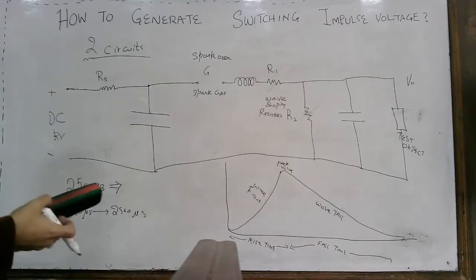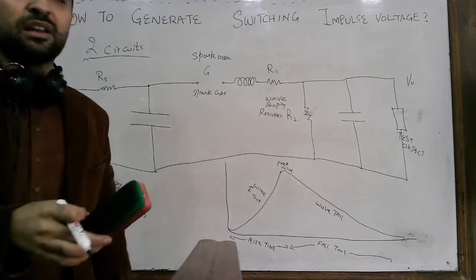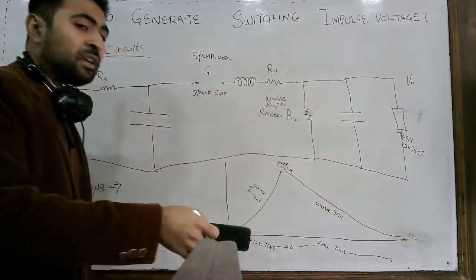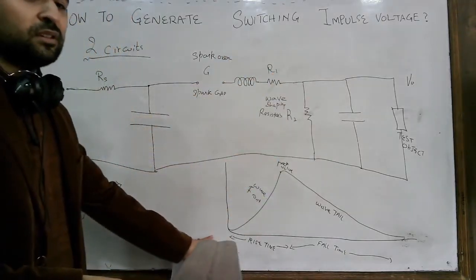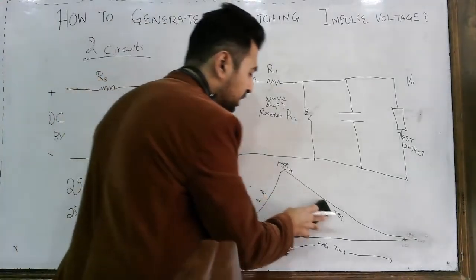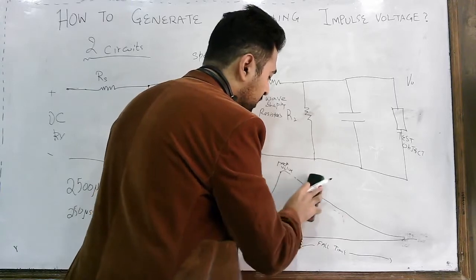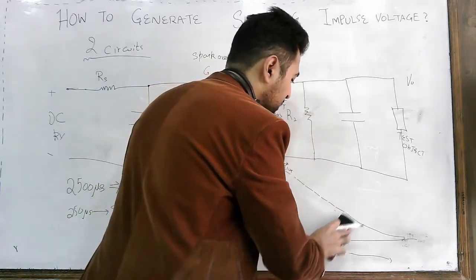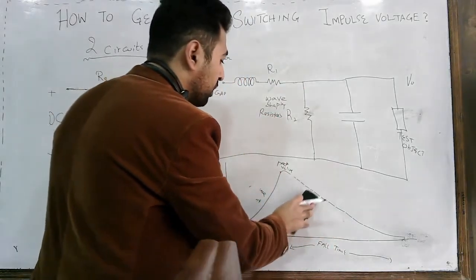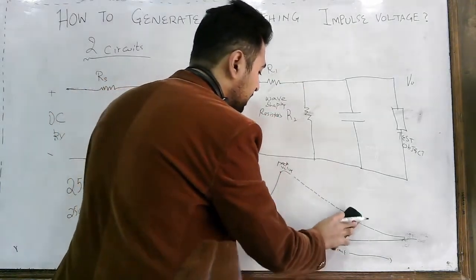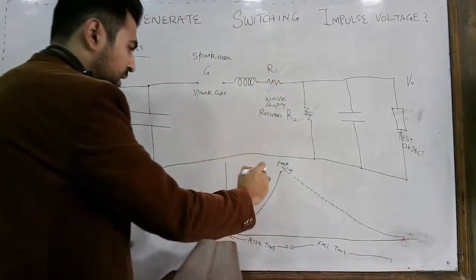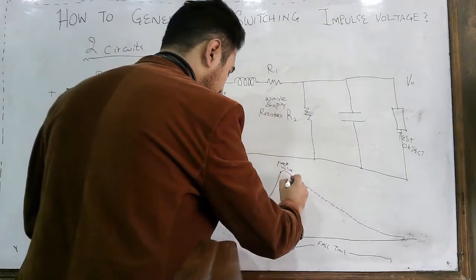So how this circuit works: as we discussed earlier in our previous video lecture, switching impulse voltage can be either of this type, or it can contain frequencies, it contains oscillations. Switching impulse voltage can also be in the form of oscillations. So an oscillatory switching impulse is like this.